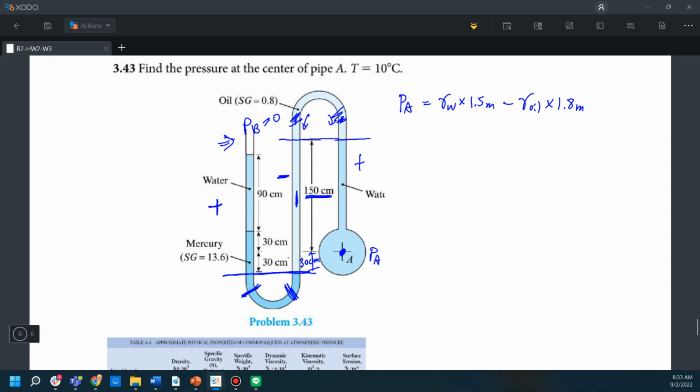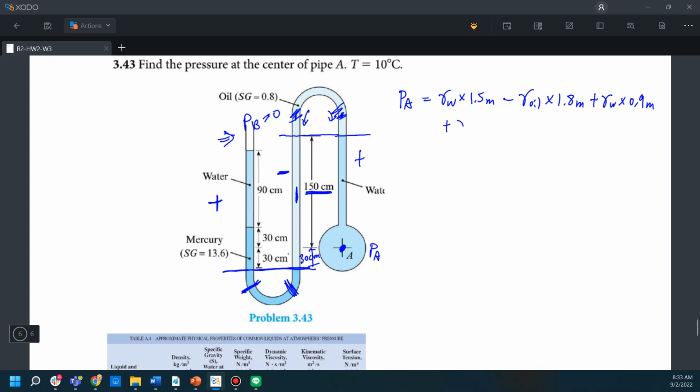Okay, then we go down to turn again, it becomes a positive sign, and now we have 90 centimeter of water, so it's gamma water times 90 centimeter, that's 0.9 meter, plus the mercury part, that is 30 plus 30, 60 centimeters, that is 0.6 meter, so it's gamma mercury times 0.6 meter, and plus the pressure provided by this tube, that's PB.